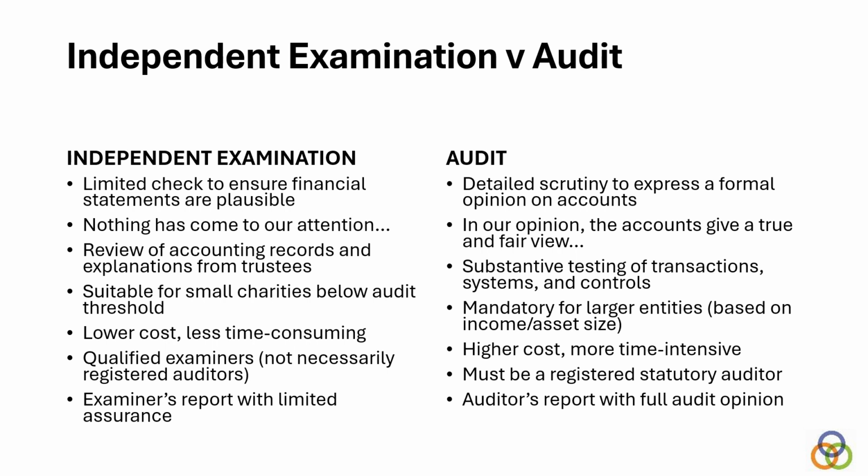An audit is a more detailed scrutiny, and it gives a formal opinion on the accounts. It's saying, in our view, the accounts give a true and fair view of the financial position of the organisation. An audit takes longer. There's more substantive testing of the transactions, of the systems, of the controls, and it's generally more expensive and more time intensive.